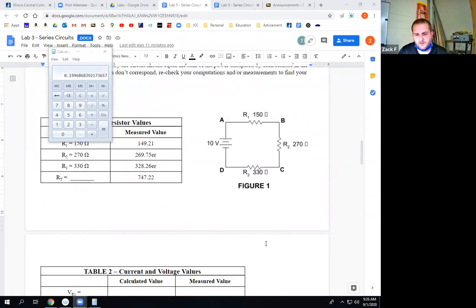If I know that 10 volts is the total voltage, and my R total is 747.22, I total would be, what was it, 13.38 milliamps.